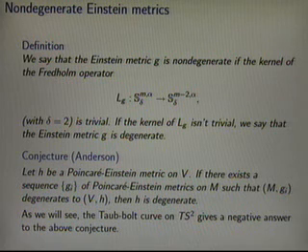Okay, so Anderson made this conjecture, and later on we're going to see that the conjecture makes a lot of sense. He conjectured that whenever orbifold degeneration occurs, then the limit orbifold metric has to be degenerate as well.